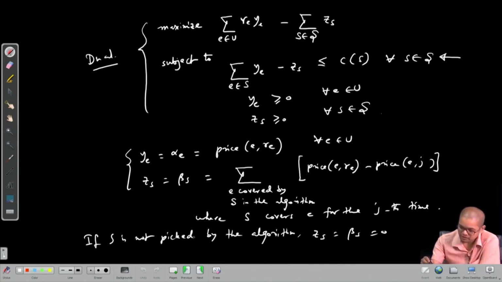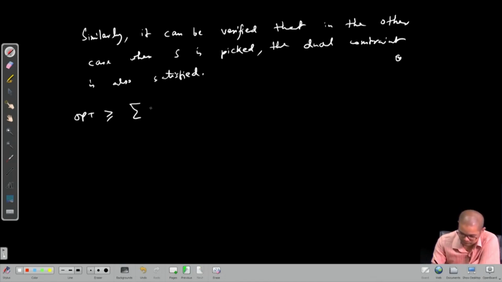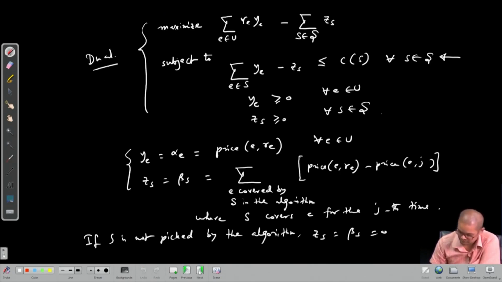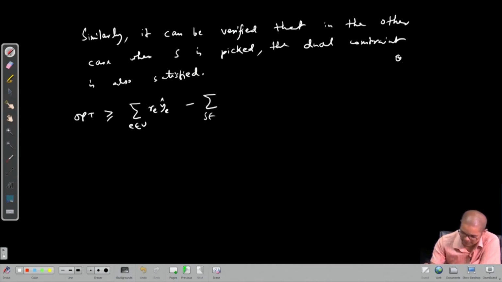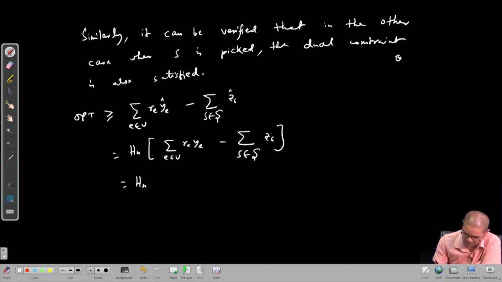This is the summation of r_e y_e hat over e in U, minus the summation of z_S hat over S. And this is 1 by H_n times the summation over e in U of r_e y_e minus the summation over S in the collection of z_S, but this is ALG by H_n.